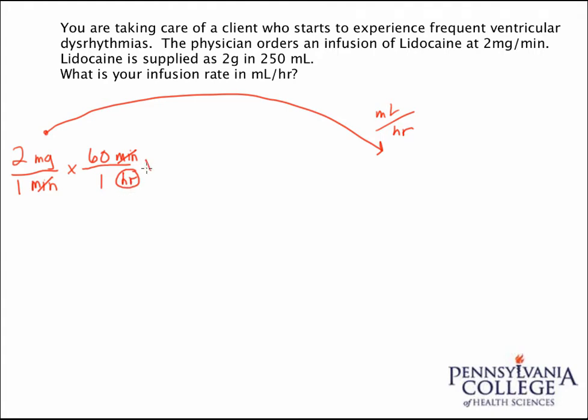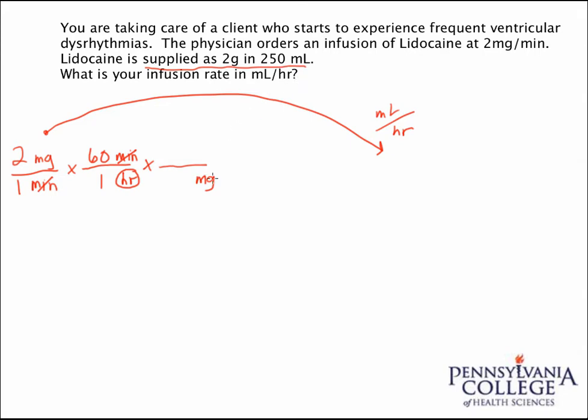Now we need to multiply by a few more conversion factors in order to get milliliters. I need to cancel out milligrams. That's going to be in the denominator, because in our first expression, milligrams is in the numerator. What we would love to do is go from milligrams directly into milliliters. The problem is we don't know a direct conversion from milligrams to milliliters. Usually that's given to us in what's available, or the concentration, but what's supplied to us is in grams per milliliter.